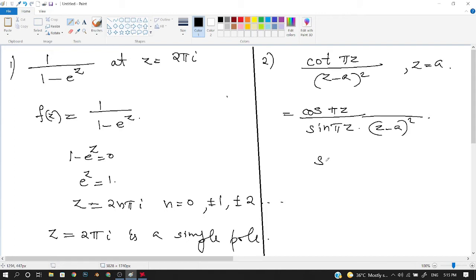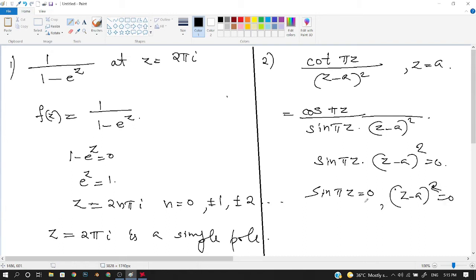Now poles are obtained by equating the denominator to 0. So we have sine pi z into z minus a the whole square equal to 0. That means sine pi z equal to 0 or z minus a the whole square equal to 0. Here sine theta equal to 0 implies theta equal to n pi. So we have z equal to n.